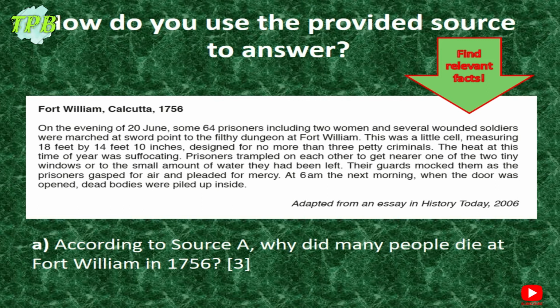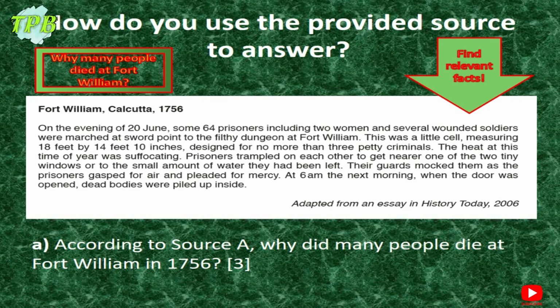From the same source, now let's find the relevant facts. After the reading, the question which we picked up was why many people died at Fort William. So actually, you are picking up the causes of the death of these prisoners.